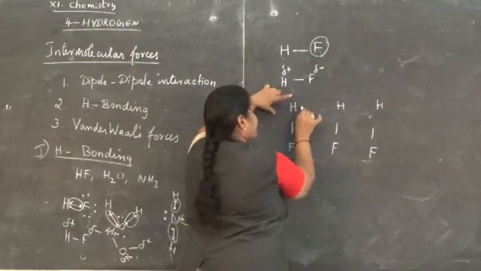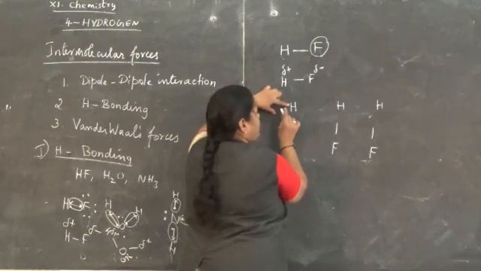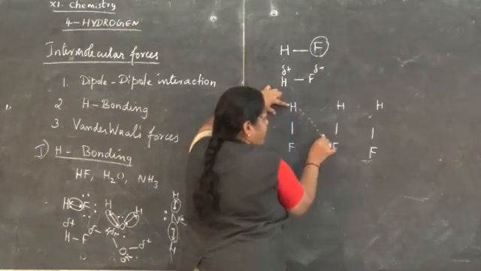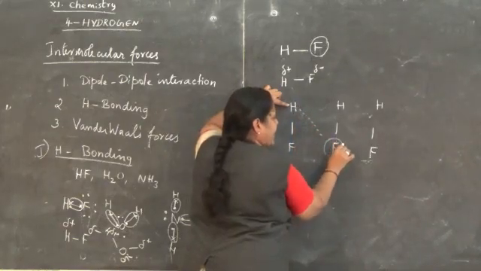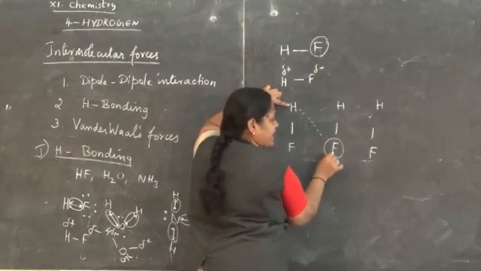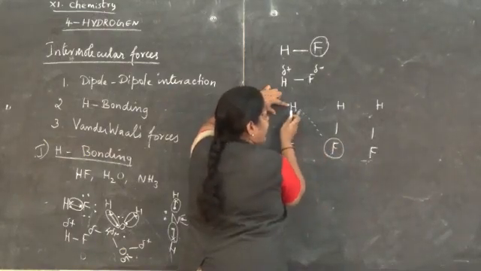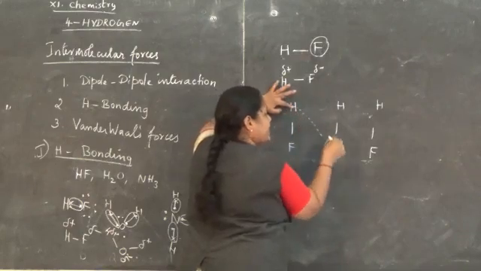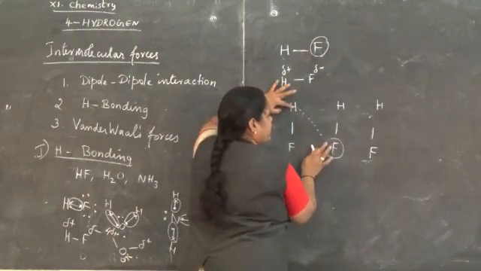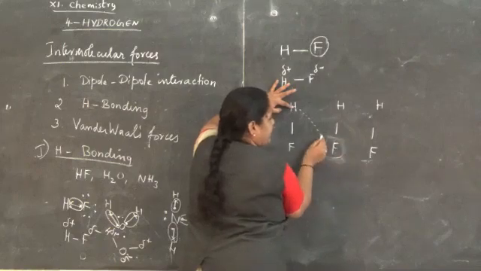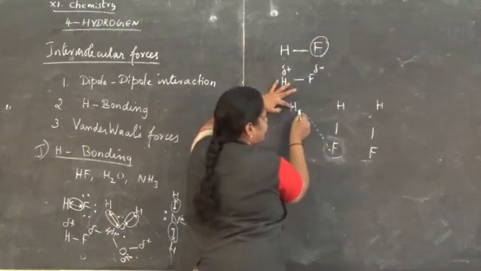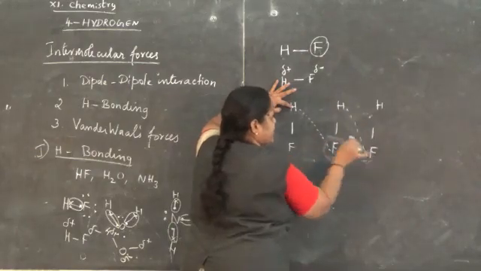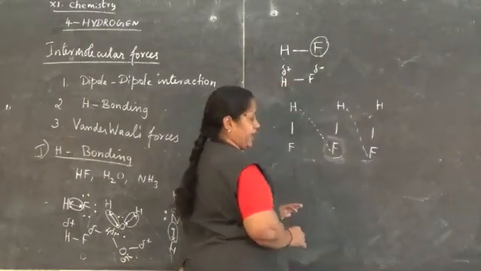Due to polarization, hydrogen forms a weak electrostatic attraction with the neighboring highly electronegative atom. Here is fluorine. So the weak electrostatic attraction between hydrogen and a neighboring fluorine atom is represented by a dotted line. This interaction is called hydrogen bonding.